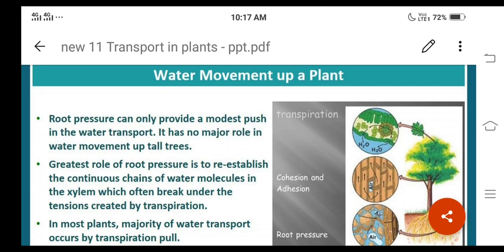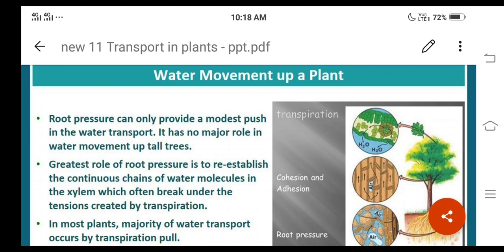One more importance is, in most plants, majority of water transport occurs by transpiration pull, remember. The first two points are related to the role of root pressure in water movement, but the third point we are going to study in the next concept.